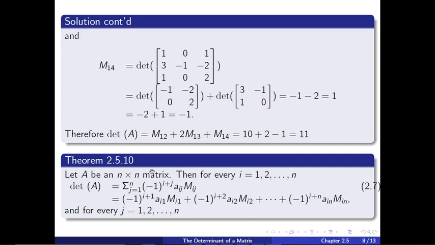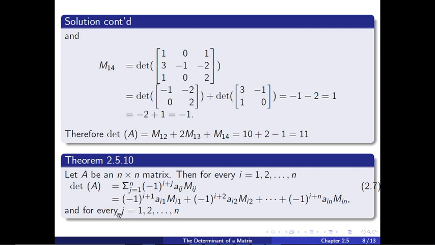So it means that we are working with a fixed row. For any row that you pick, this will be the formula, right? It's pretty much the same formula, except instead of having a 1 here, it has an i, right?